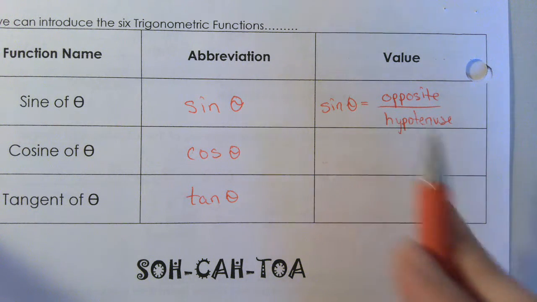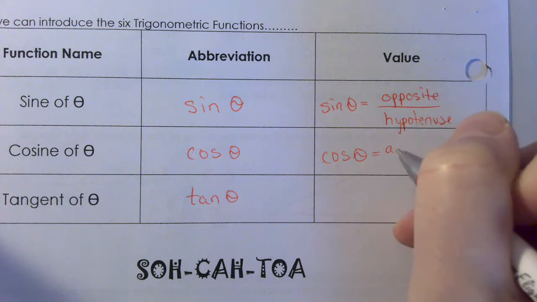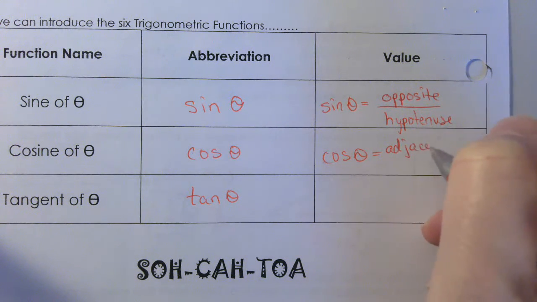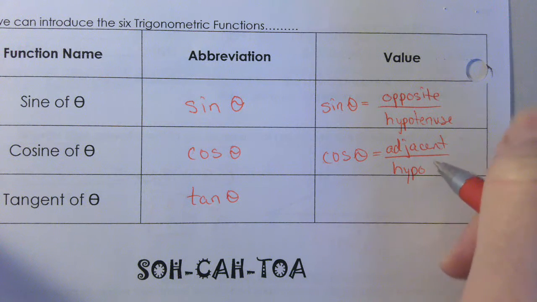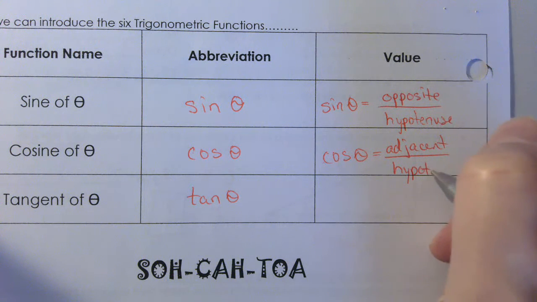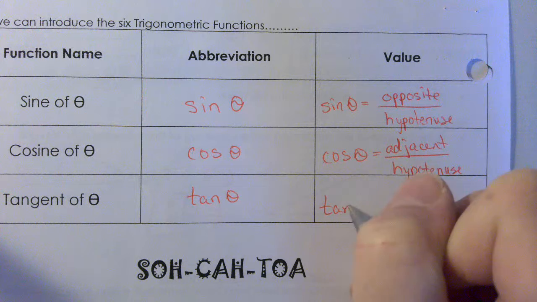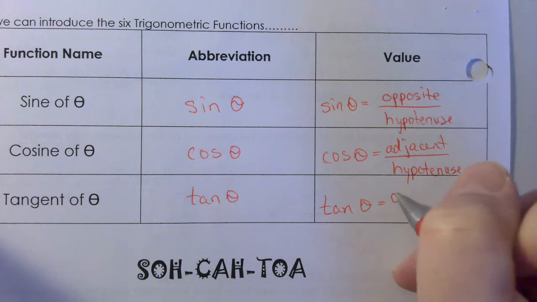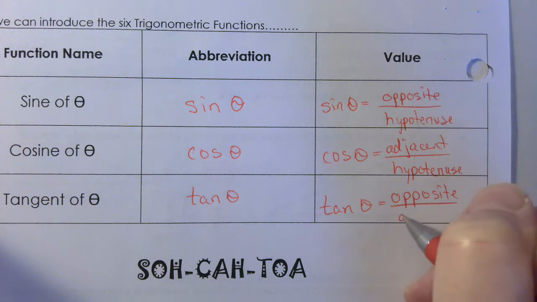So I'm just plugging numbers in. The cosine of theta is the adjacent side over the hypotenuse. So all of this depends on where your angle is marked. And then tangent is the one that's a little bit different, and that is opposite over adjacent.